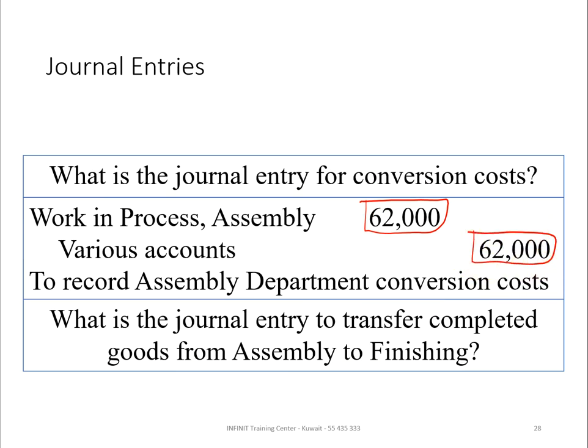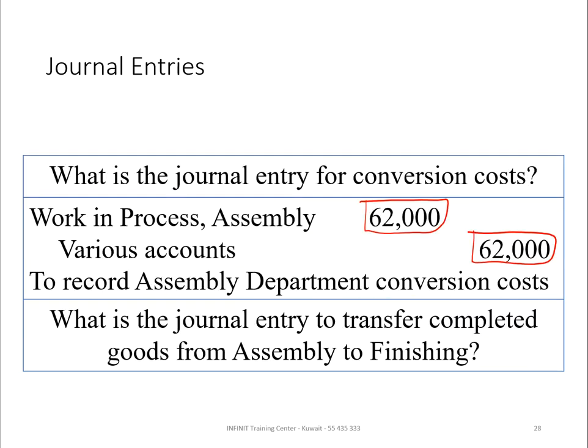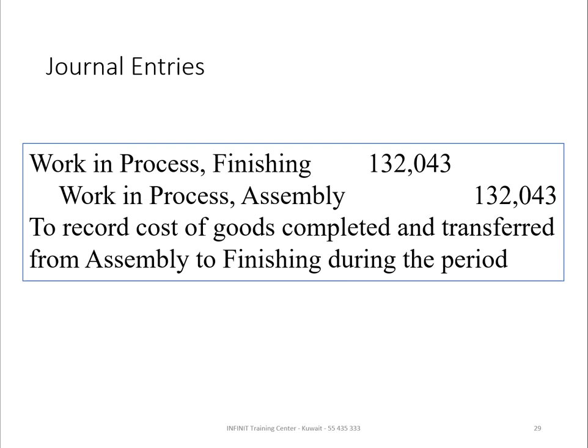So now in the assembly department you have 62,000 and 84,000, which is 146,000. Now when the work is completed, whatever completed goods have gone to the other department, the cost also has to go to the other department, right? So we will credit assembly for 132,000 that we calculated earlier, and it has gone to the next department, which is the finishing department.